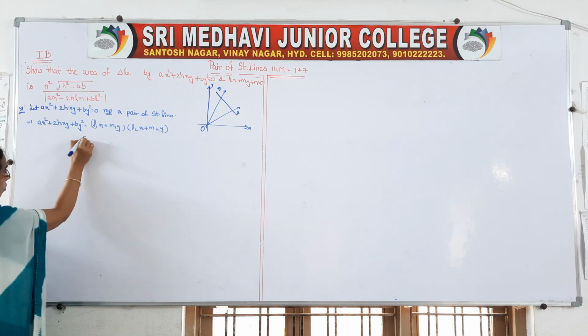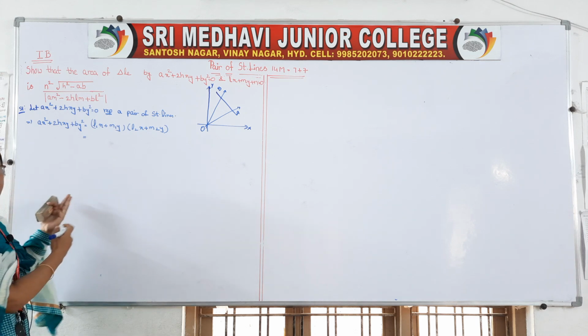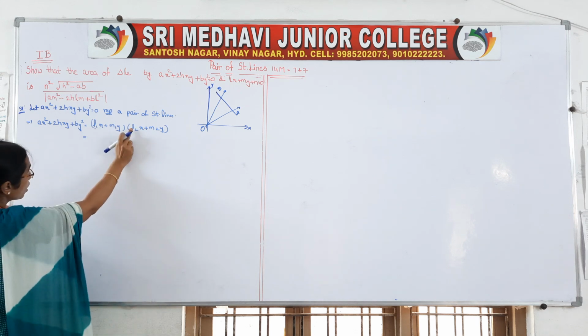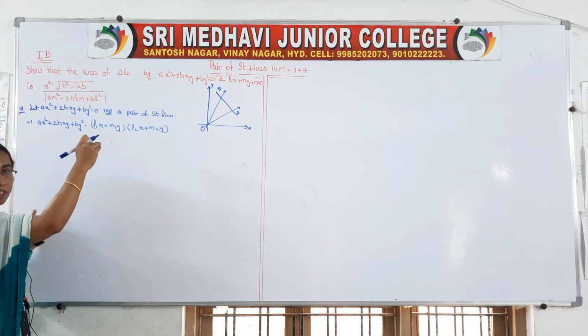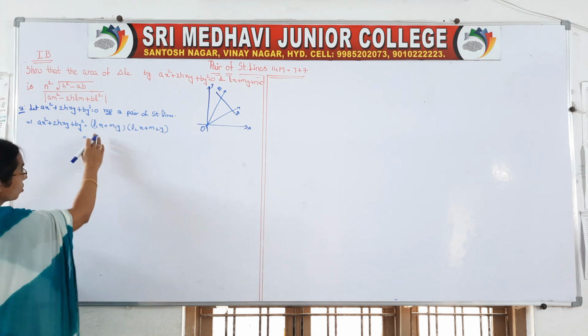Now we have to multiply this and equate the coefficients of like terms on both sides. We did the same thing in previous problems also.